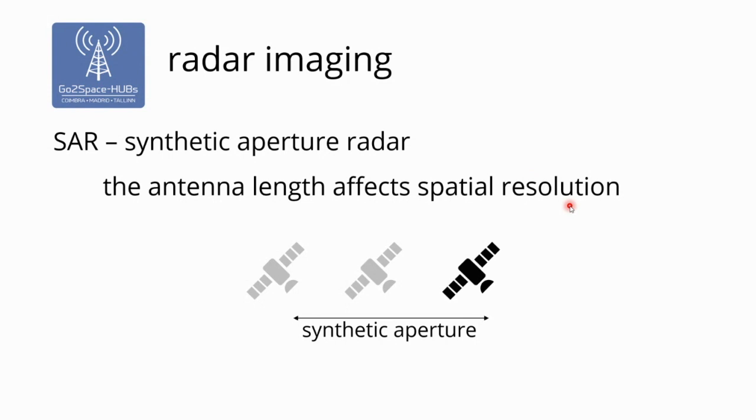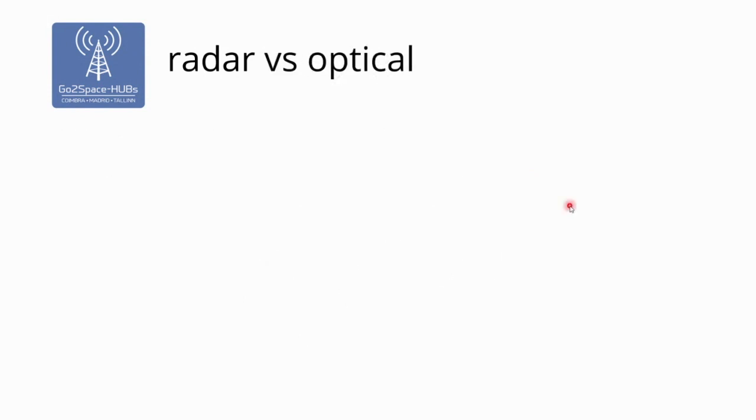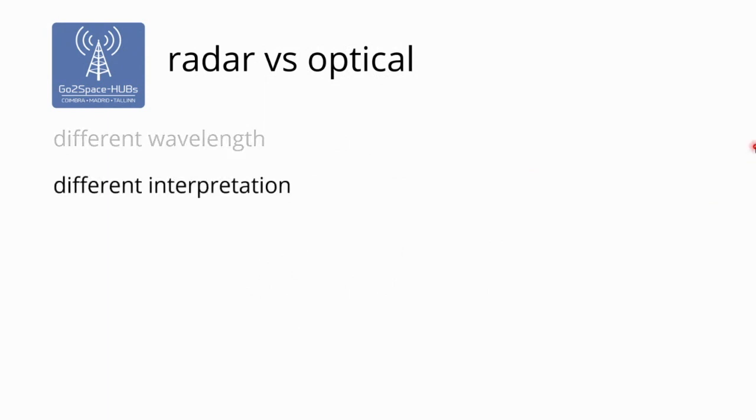So that's it. We won't go into details, but we compare radar images a bit to optical images because they are completely different. They have, as I said, different wavelengths, so they also have different interpretation. Whatever we can see is a completely different thing from what we could see in optical images.